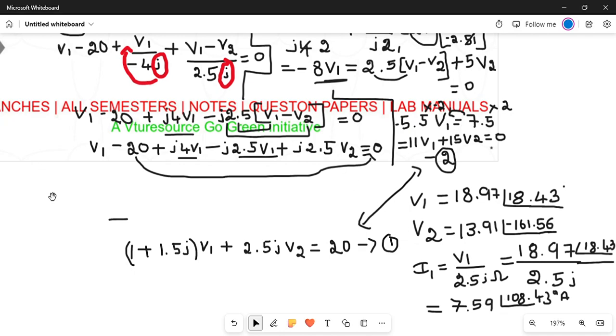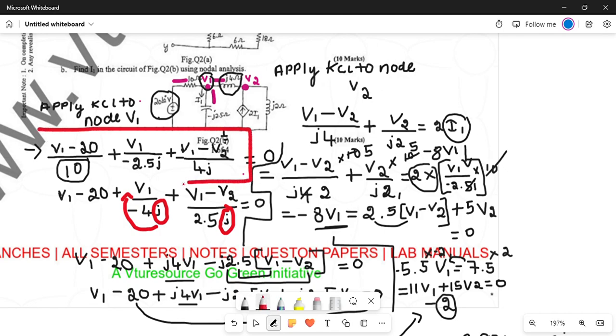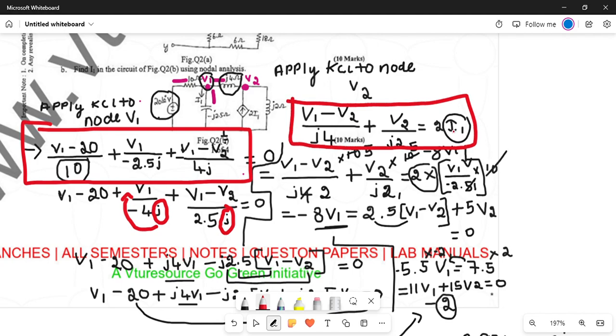This equation you have to multiply by 1 by 10, and this equation also by 1 by 10, and then substitute I1 here. After substituting I1, you multiply by 10, I'm sorry, and after that you're going to use the formula 1 by j is equal to minus j.